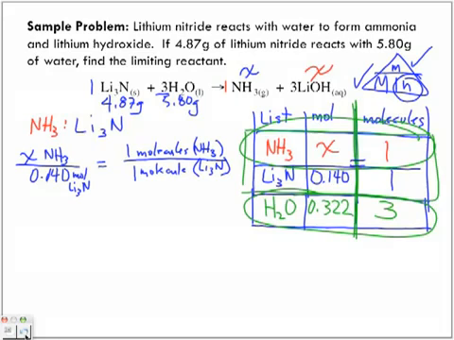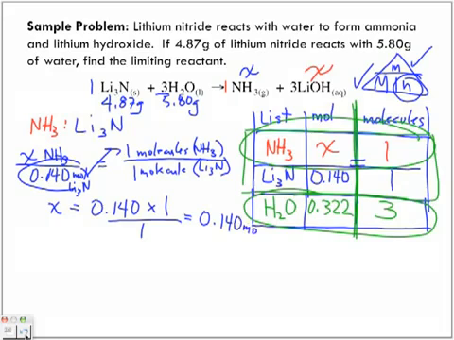So we take this here at the bottom, we bring it up there, and we're left with X equal to 0.140 times 1 over 1, which will give me the same thing.